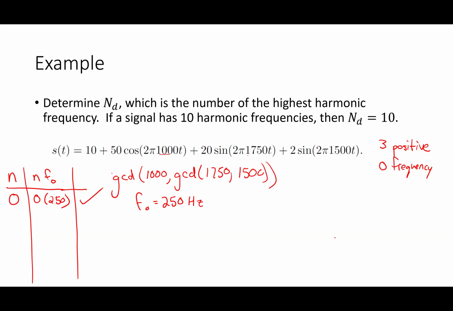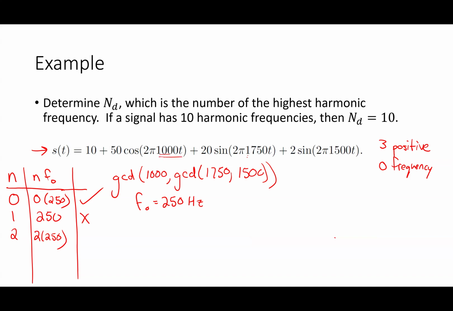For n equal to 1, n times 250 is 250. This is the signal, s of t here. Does that have a 250 hertz term? No, it doesn't. How about a second harmonic term? Second harmonic would be 2 times 250, which is 500. Do I have a 500 hertz term here?